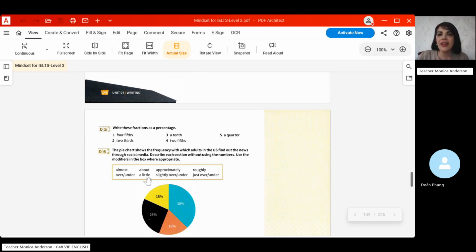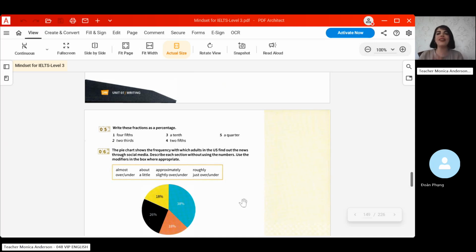And a tenth is about 10%. Of course, 10%. And 2/5 is 40%.